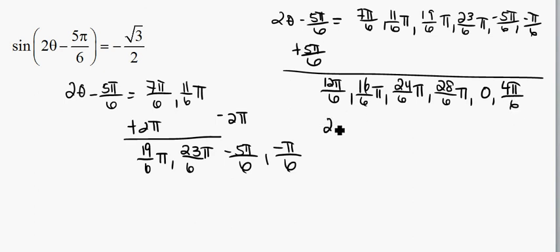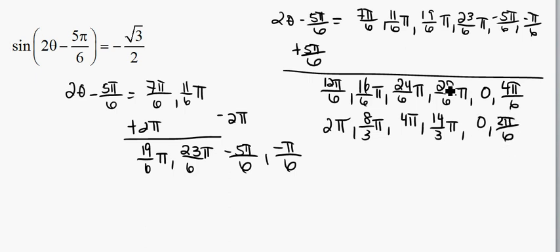So I'll simplify these answers before I divide by 2. I get 2 pi, 8 thirds pi, 4 pi, 14 thirds pi, 0, and this is 2 pi thirds. Is that right? 2, 4, yep.